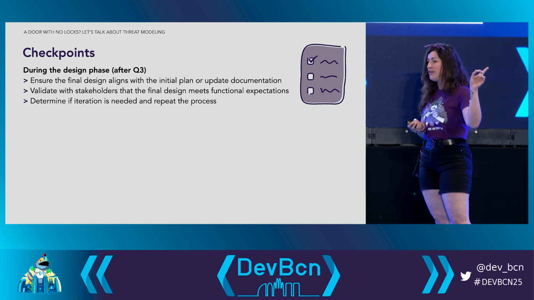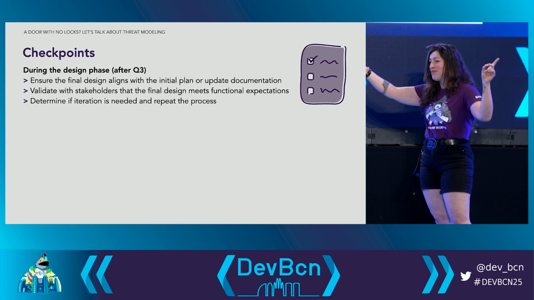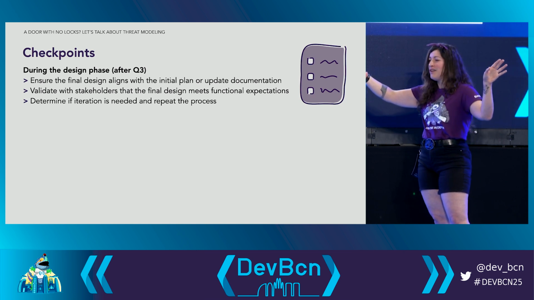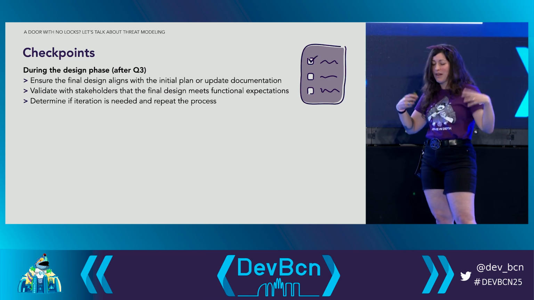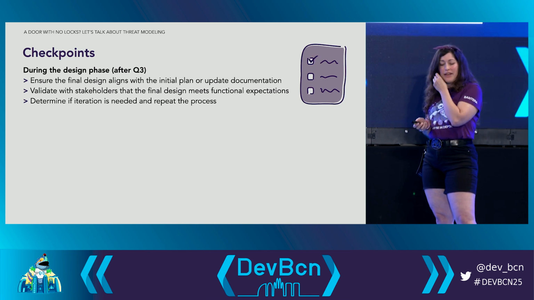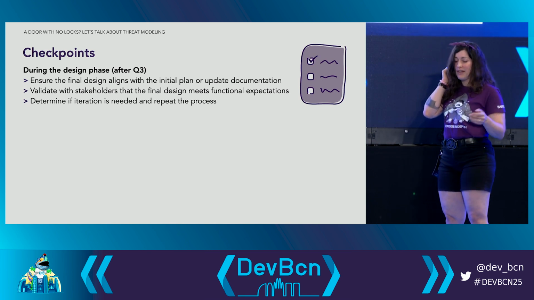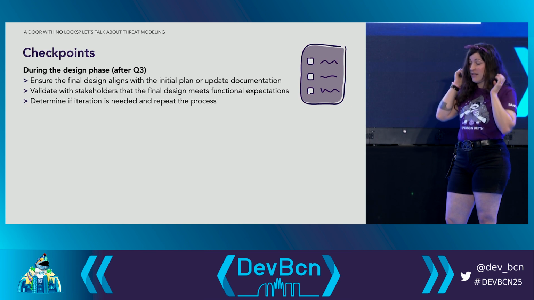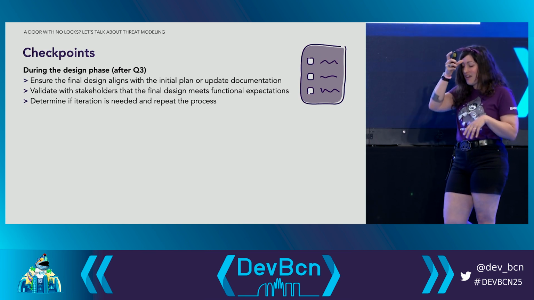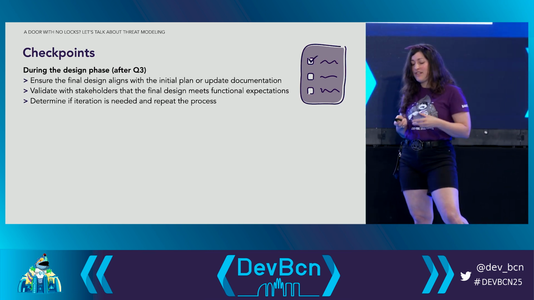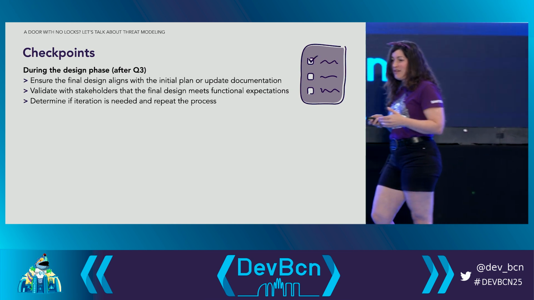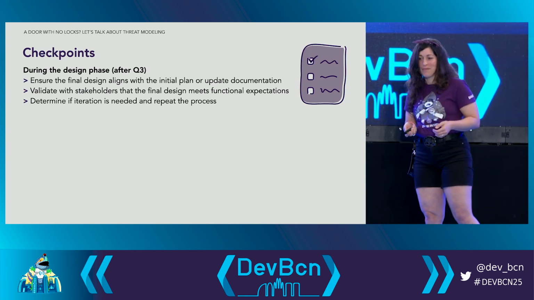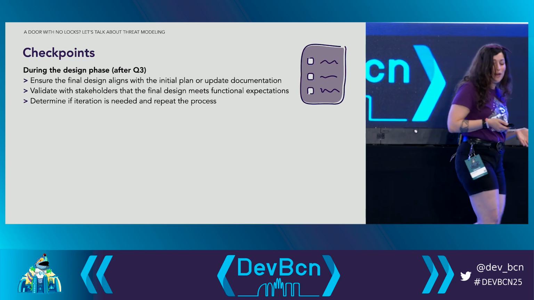Remember the product owner, you're going to ask them, does this still do what you asked? OK, now we are good, or we have to go back to the drawing board. You validate everything with the stakeholders, and you determine in that case if you need an iteration to repeat the process, and you do it again. Sometimes you're going to have to do it again.